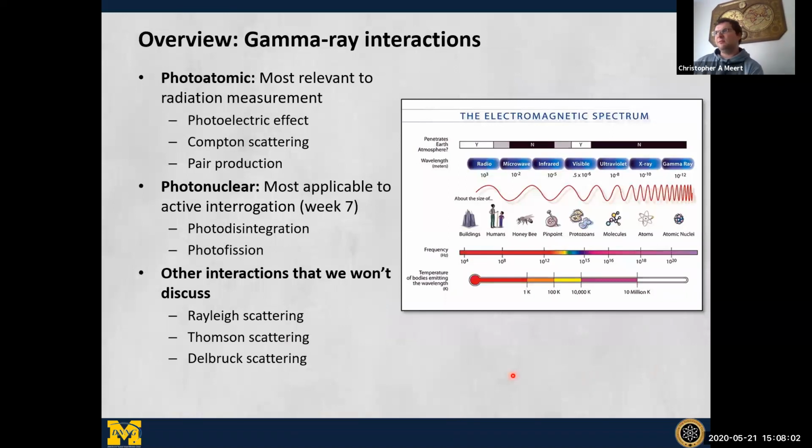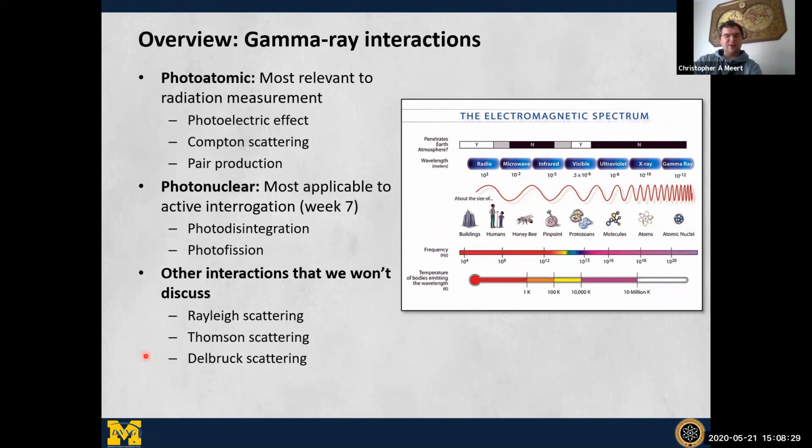So we basically split up the interactions into 2 main classes. Photoatomic, so those are photons interacting with the electrons orbiting a nucleus. There are also photonuclear effects, so a photon interacting with the nucleus, and there are a few other interactions. We're going to focus today on photoatomic: photoelectric effect, Compton scattering, and pair production. Those contribute the most to our radiation detection scenarios.